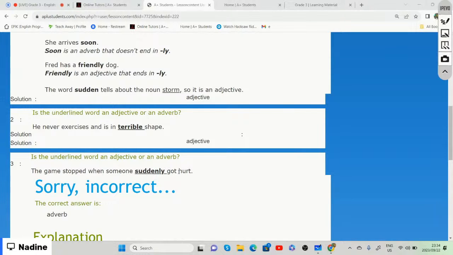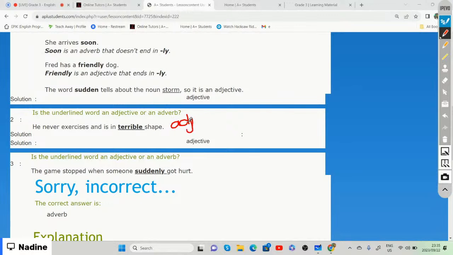So we need to say if this is an adverb or an adjective. All right, so we can then say that terrible is an adjective that tells us about the noun shape. So adjective.